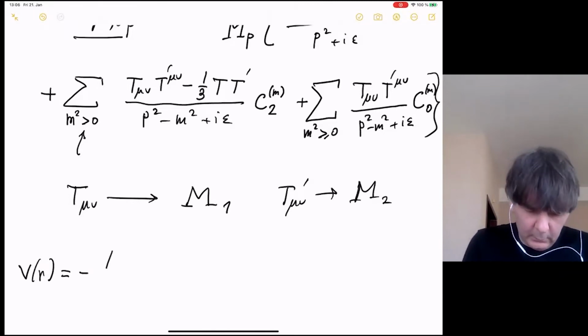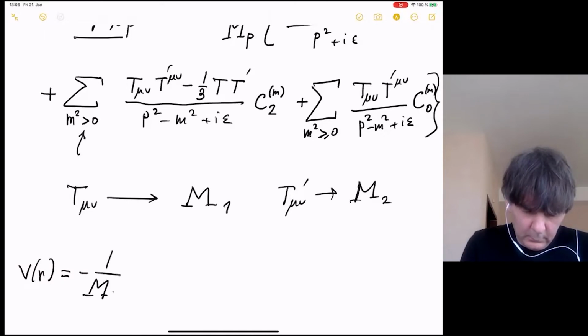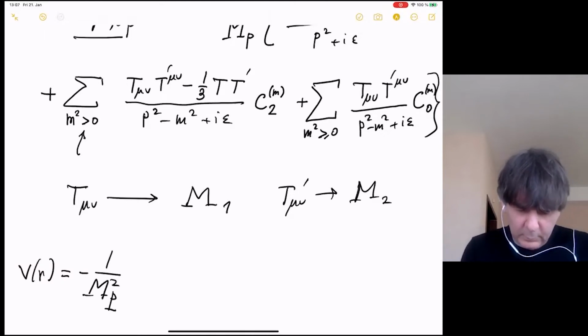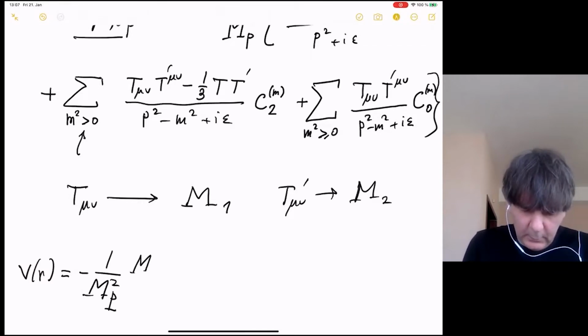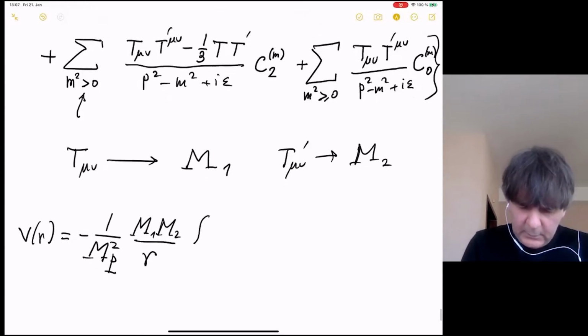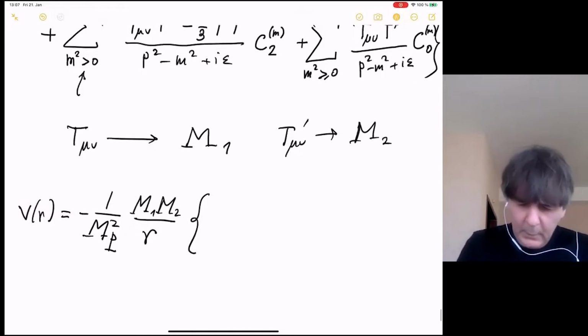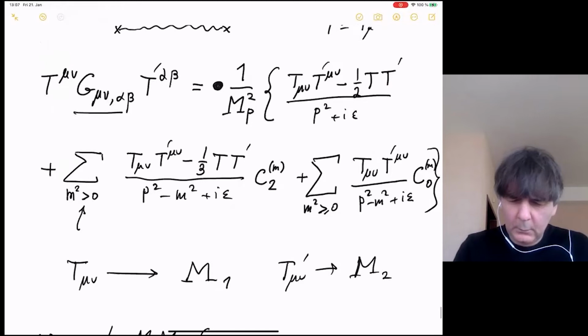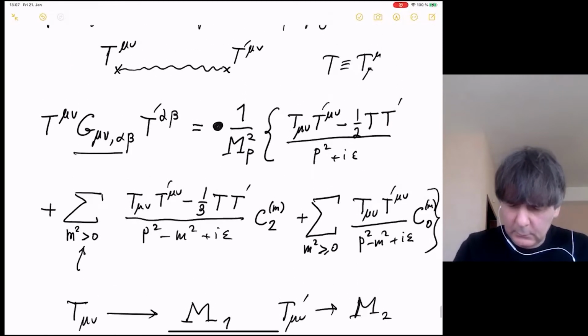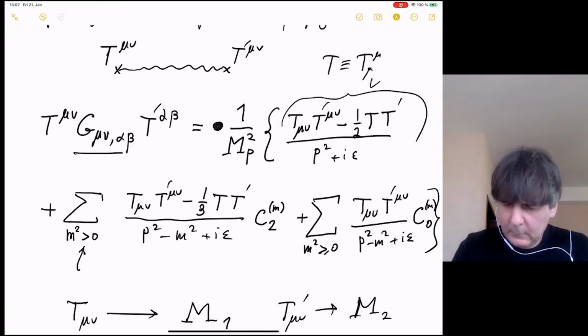the ordinary, and here I'm normalizing it to Planck's square. Then there will be a factor M1 M2, and a factor 1 over R. This is the Einsteinian part.